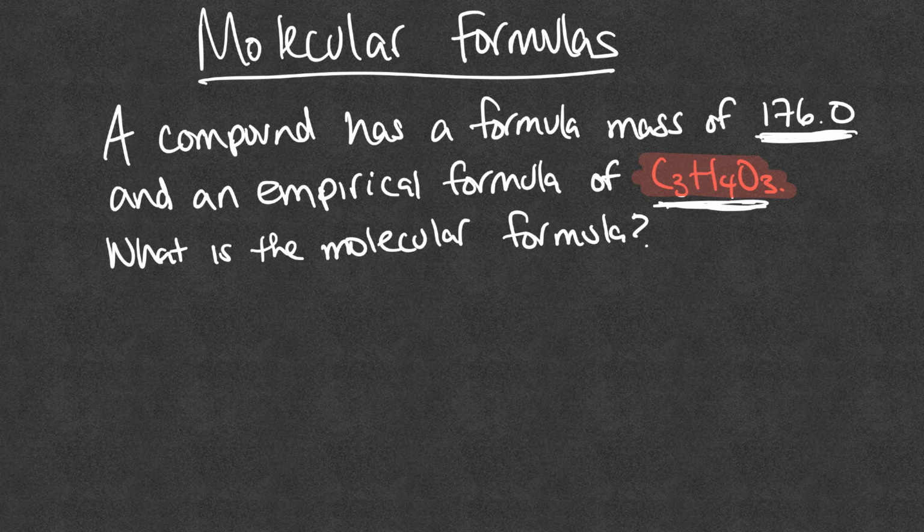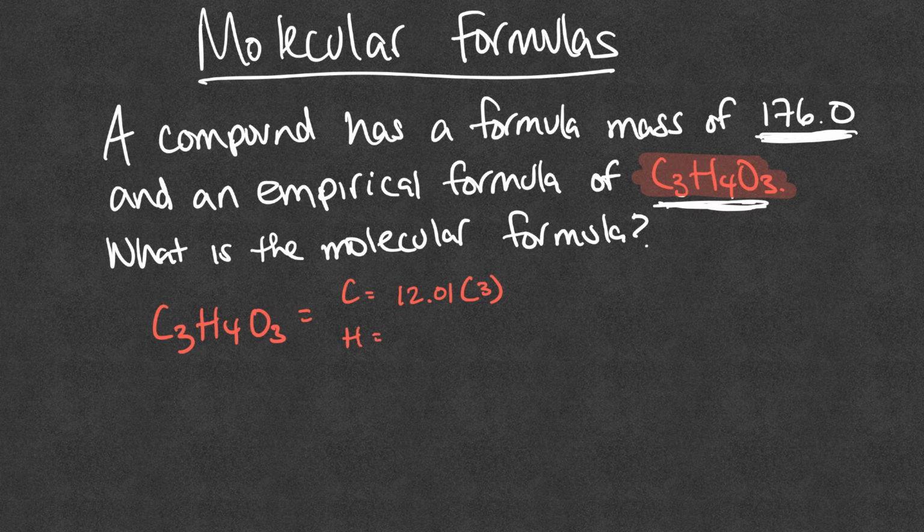So what's the molar mass of C3H4O3? You go to the periodic table and figure it out. Carbon has a molar mass of 12.01, and we multiply that by 3.